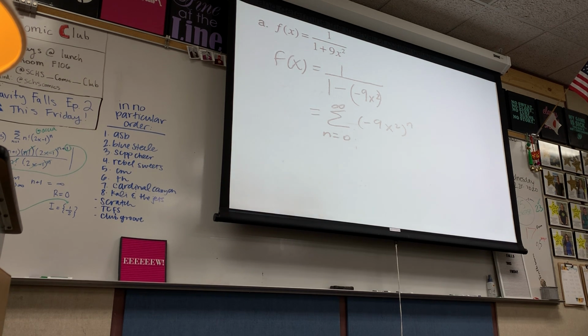Multiple choice, the answer will most likely not look like this. So we're going to do a little bit of manipulating. We're going to pull the negative 1 to the n as an alternating series in front. That would leave you with 9x squared quantity to the nth power.